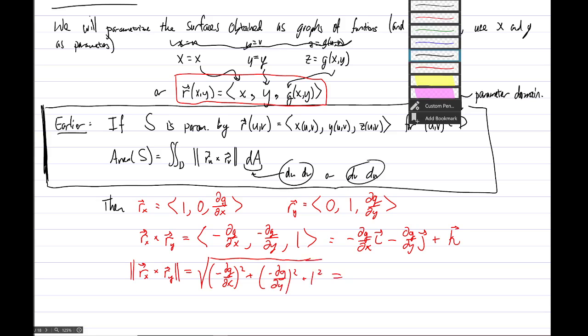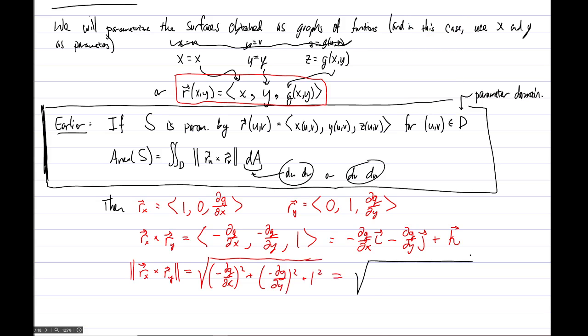Let's clean up how this looks. Inside the radical we have a 1, and the minus is going to get cleared away by the square anyway, so let's write this as partial derivative of g with respect to x quantity squared plus partial derivative of g with respect to y quantity squared.